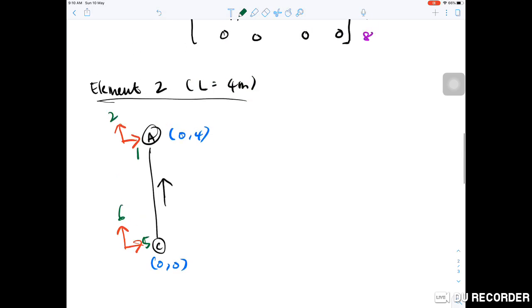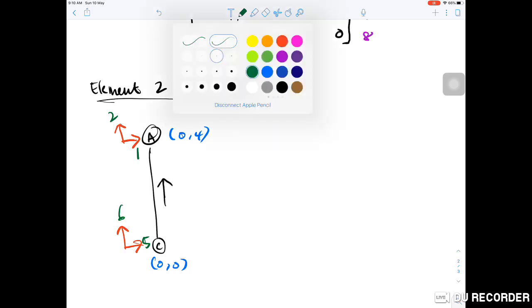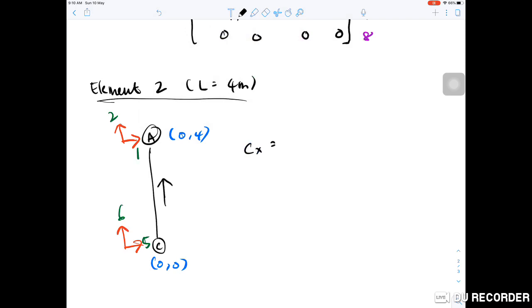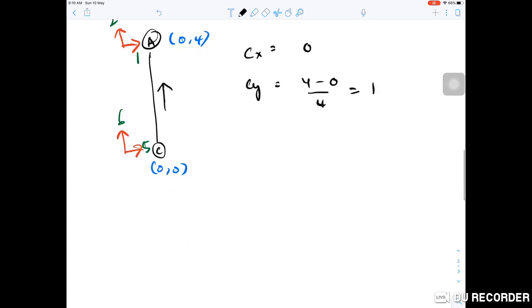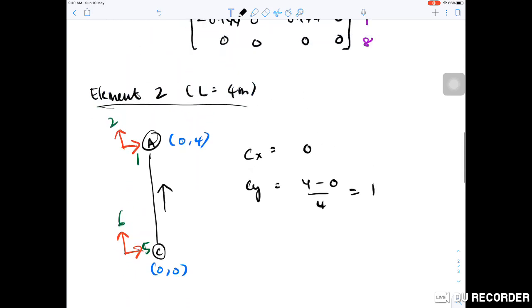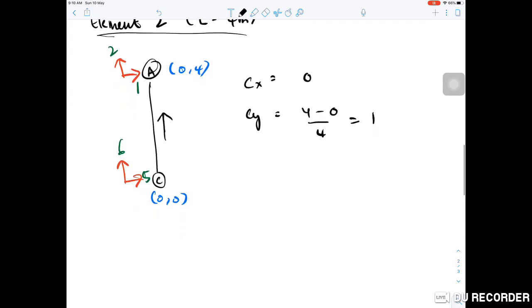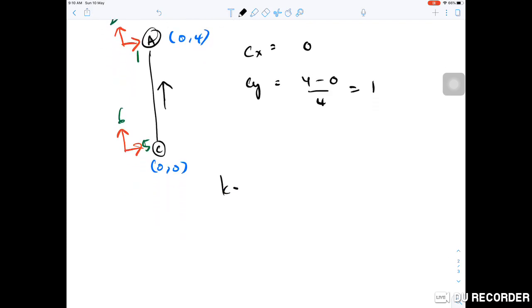So again we will repeat the same process to establish the element stiffness matrix. We need to have Cx and Cy first. Since it is a vertical member, Cx is 0. Cy is 4 minus 0 divided by 4, which is equal to 1. So from this we will establish K2.